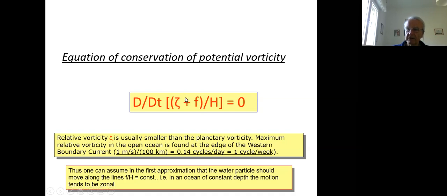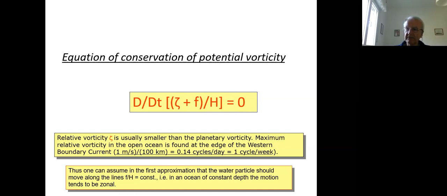Therefore, very often we can neglect the theta with respect to f. So we have d/dt of f over h. In that case, f over h has to be constant along the trajectory of a water column.